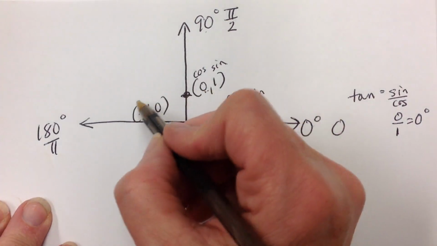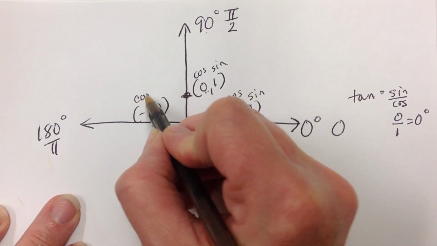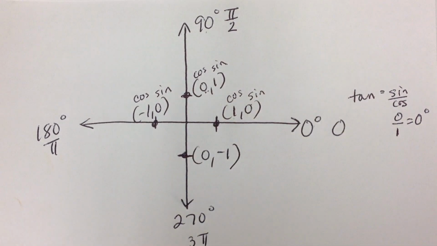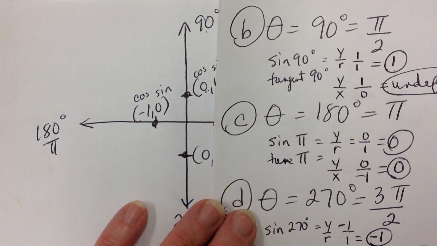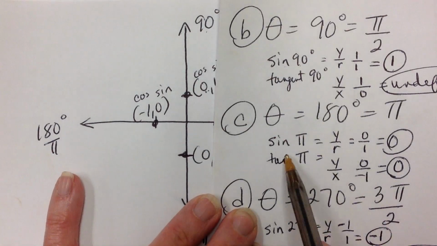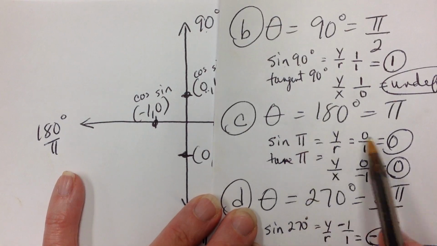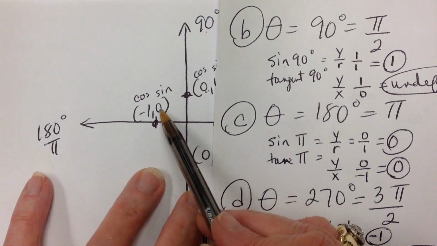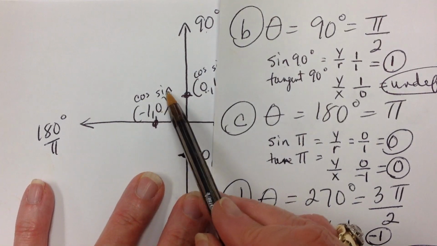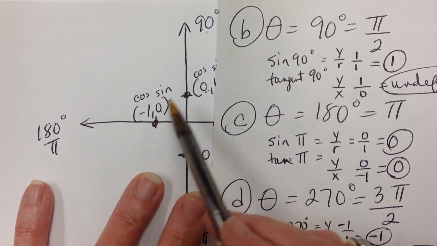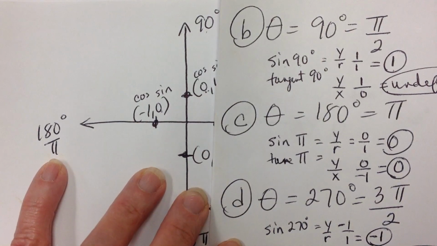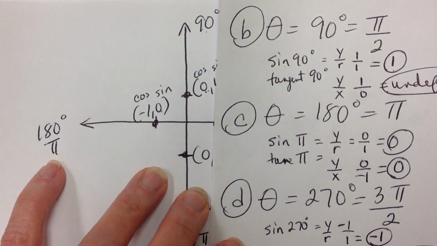Over at 180, the first number here is your cosine. The second number is your sine. Let's reinforce that with what we did earlier. When we found sine of theta was 0, it's also telling me right here when we do it this way, sine of 180 is 0, which is also at pi.